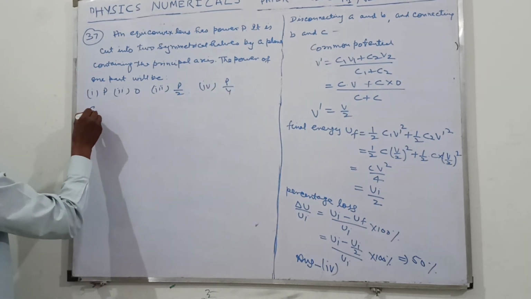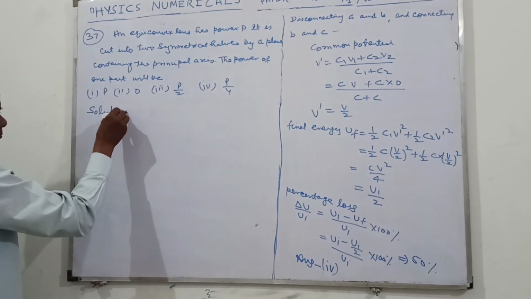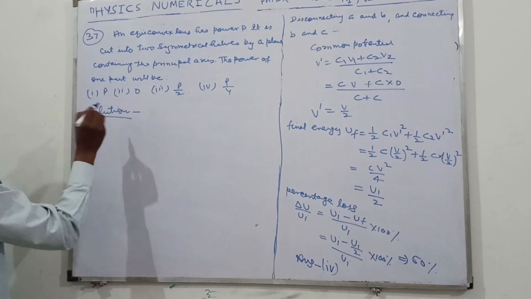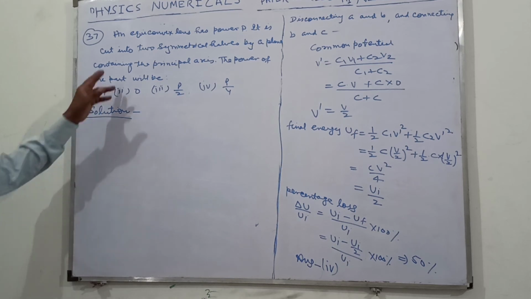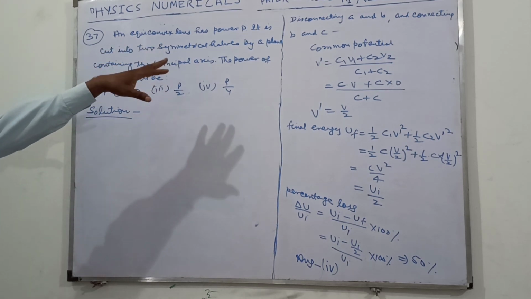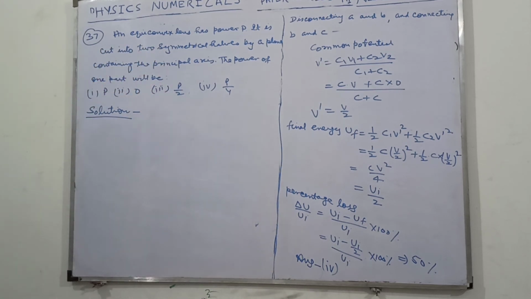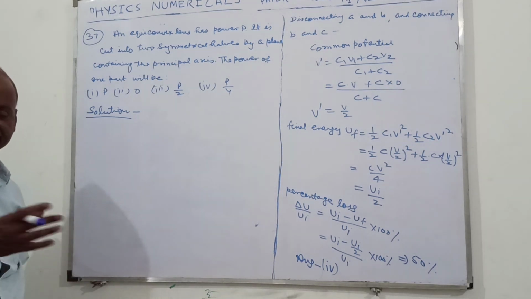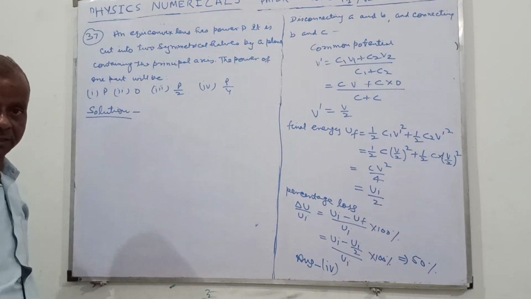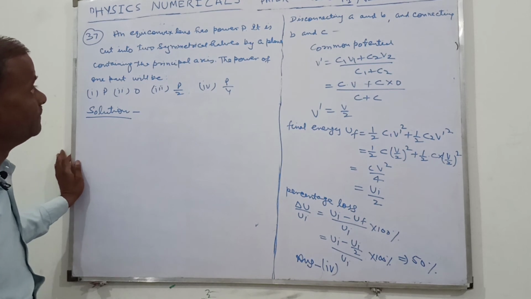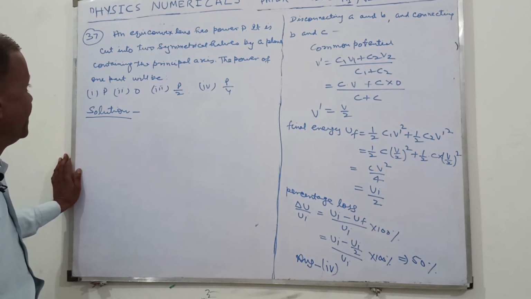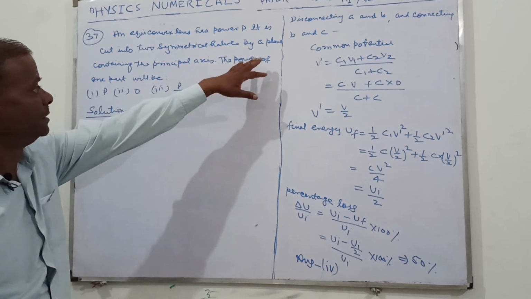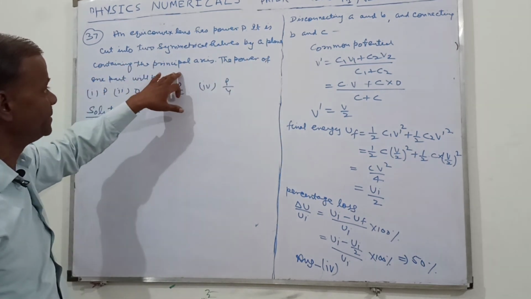Now the solution. What is given here? An equiconvex lens of power P. Equiconvex means that the radii of both the parts are equal, and it is cut into two symmetrical halves by a plane containing the principal axis.